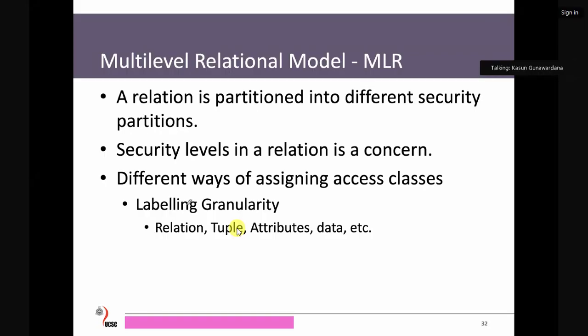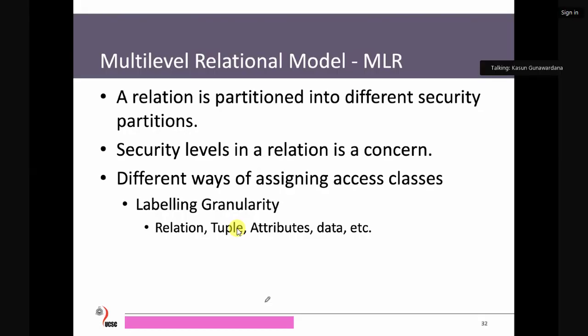So likewise, there are different ways, or different levels of granularity, that we can define. A relation is partitioned into different security partitions. The same relation might contain data at different security or sensitivity levels.